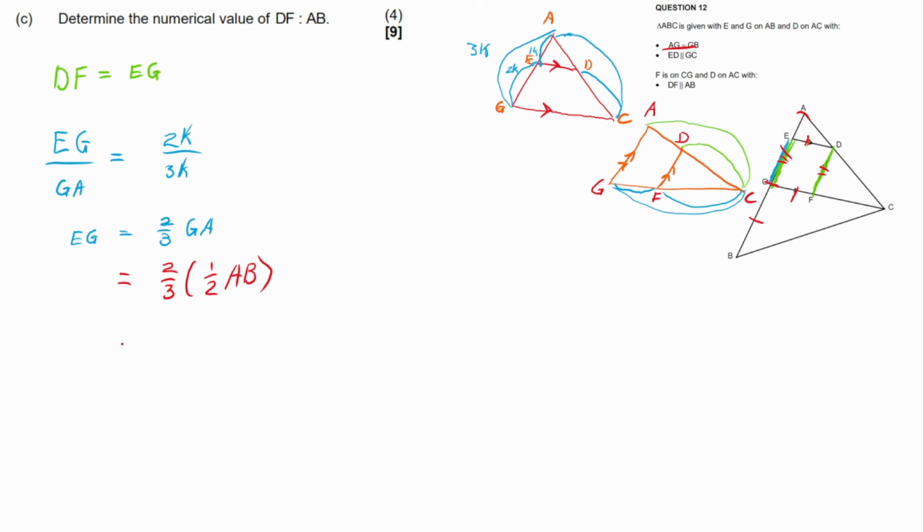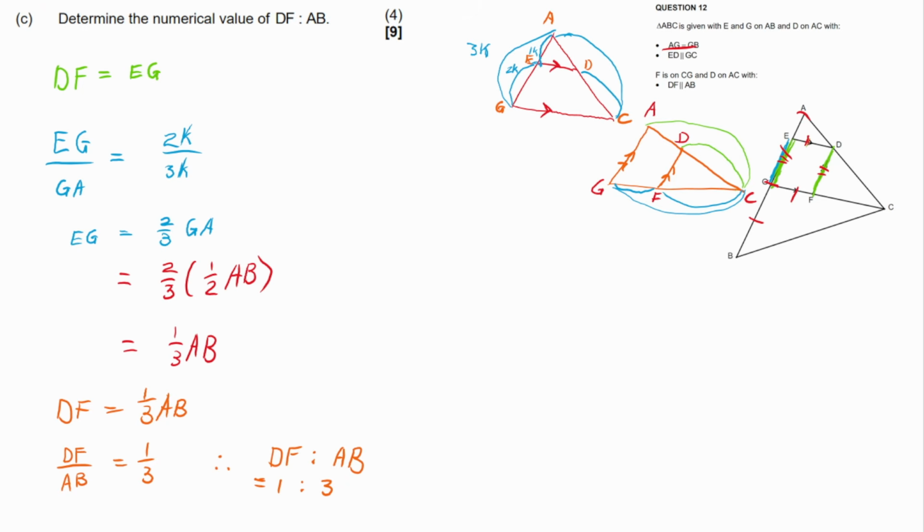So I have that EG is equal to 1/3 AB. So finally, I know that DF is equal to 1/3 AB. Therefore, DF over AB is equal to 1/3. So DF in the ratio to AB is in the ratio of 1:3. So it's equal to 1/3.